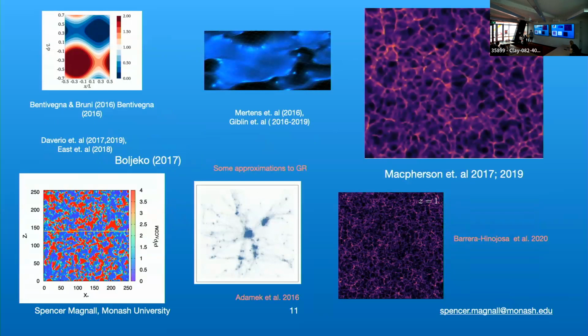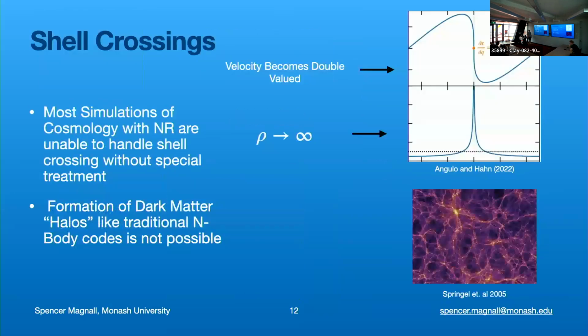So the question we want to ask ourselves is, if we treat this in a special way, we can't have structure formation. I've got a picture here from the other SPH code that won't be named, the Millennium run. I hope everyone's seen this.